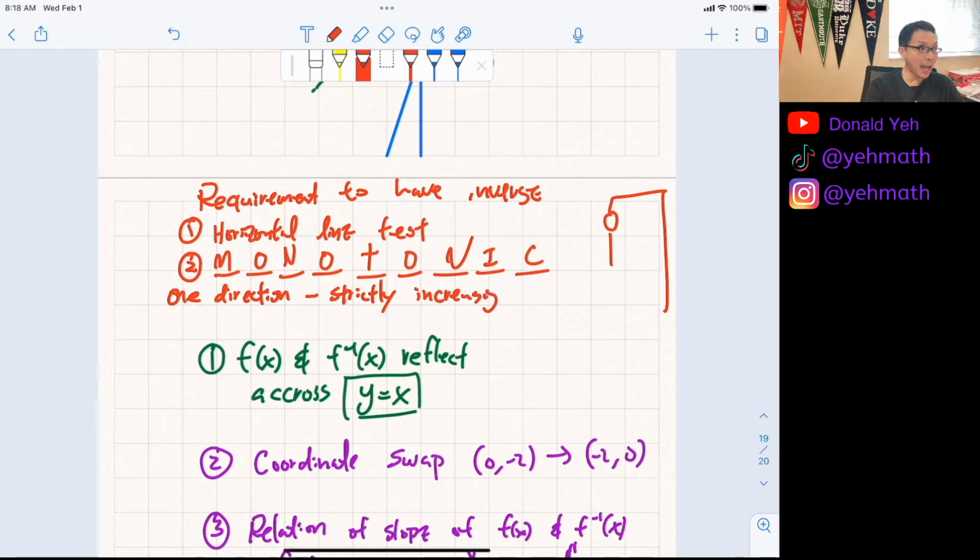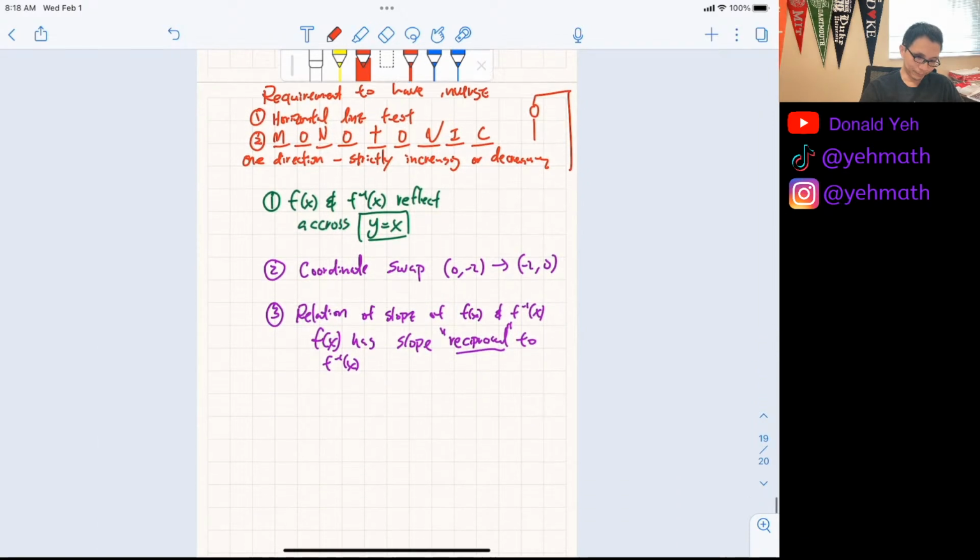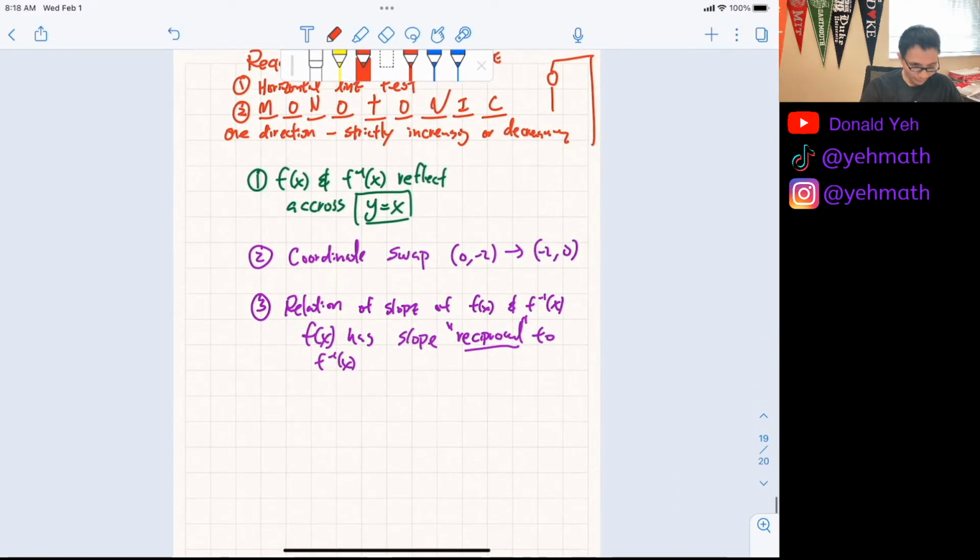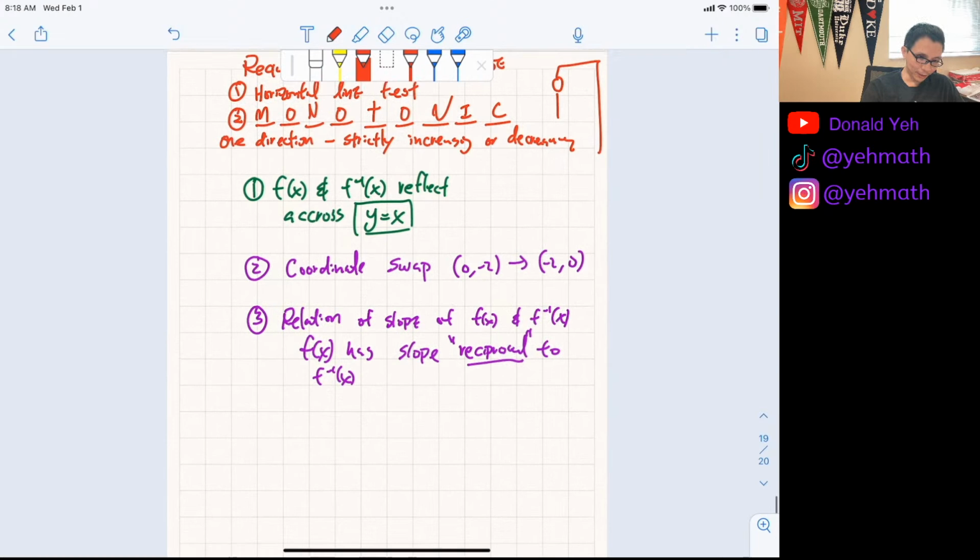Synonymous, so I'm trying to use a big word now. It's synonymous to the horizontal line test, yes. Or decreasing. So it's the same thing. Monotonic will be a good word. You might need it for a spelling bee, I don't know.